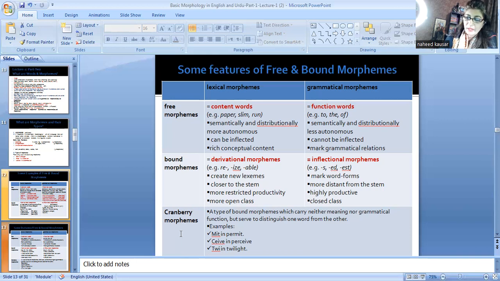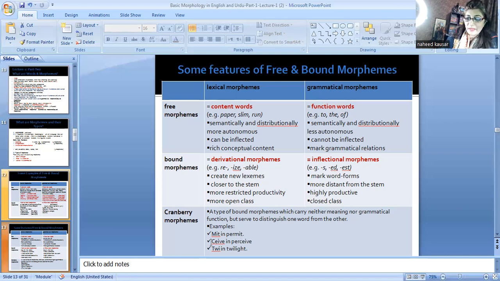Cranberry morphemes are bound morphemes, but they carry neither meaning nor grammatical function, but serve to distinguish one word from the other. The examples are mit, M-I-T, in the word permit, right? Permit.